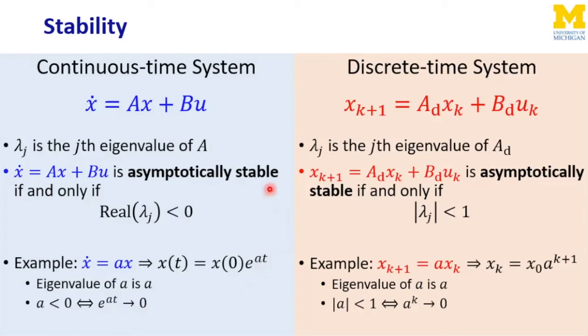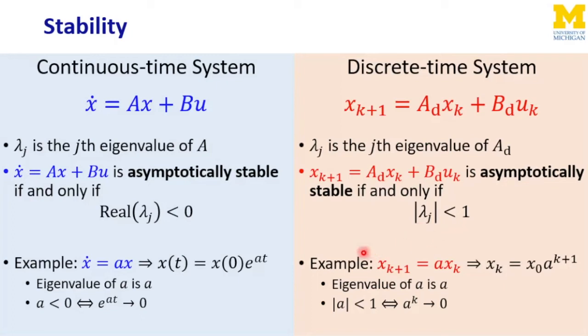Corresponding results for discrete time systems are shown here. If you have a discrete time system, x k plus 1 equals A sub d x k plus B sub d u k, and lambda j is the jth eigenvalue of this matrix A sub d, the discrete time system is asymptotically stable if and only if the norm, or the absolute value, of each eigenvalue is less than 1.